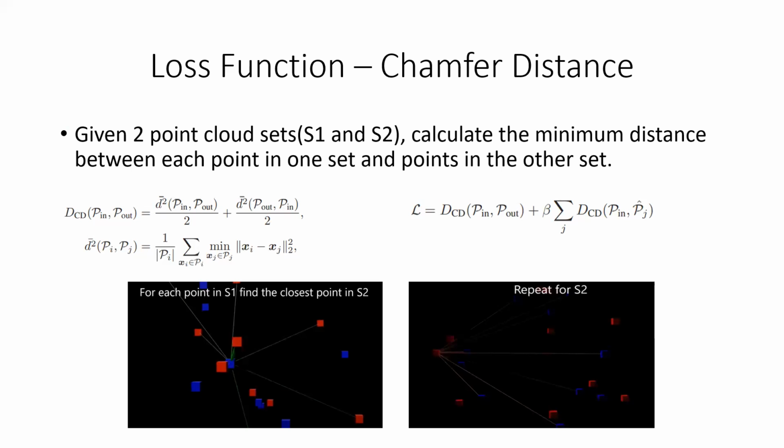Earth mover's distance is something like, let's say you have two Gaussian distributions, okay? Let's say the first one is centered at 0 and has a standard deviation of 2. And the second Gaussian distribution, let's say it's centered at 1 and has a standard deviation of 3.